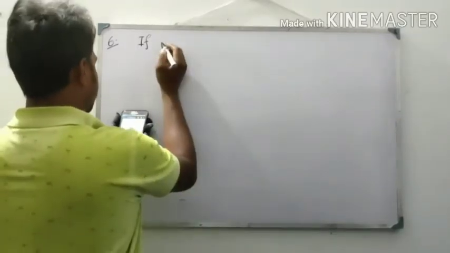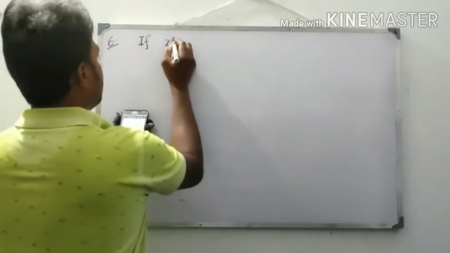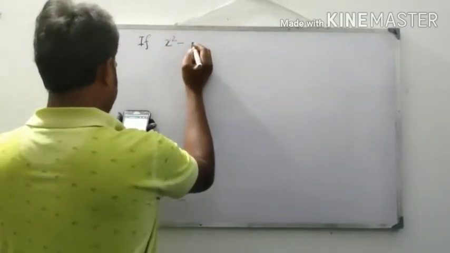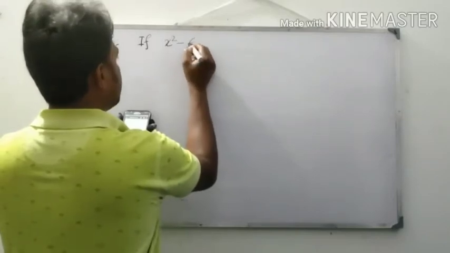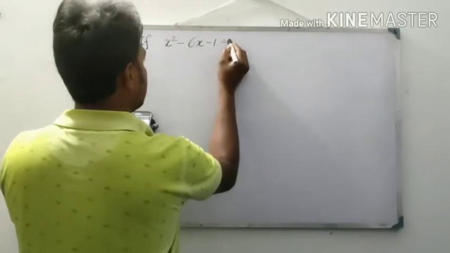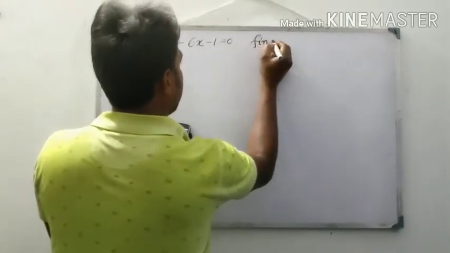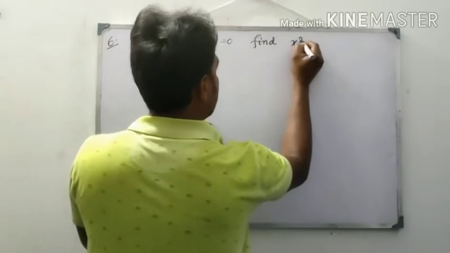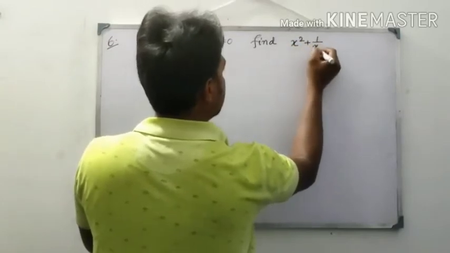Problem number 6. If x square minus 6x minus 1 equals to 0, find x square plus 1 by x square.